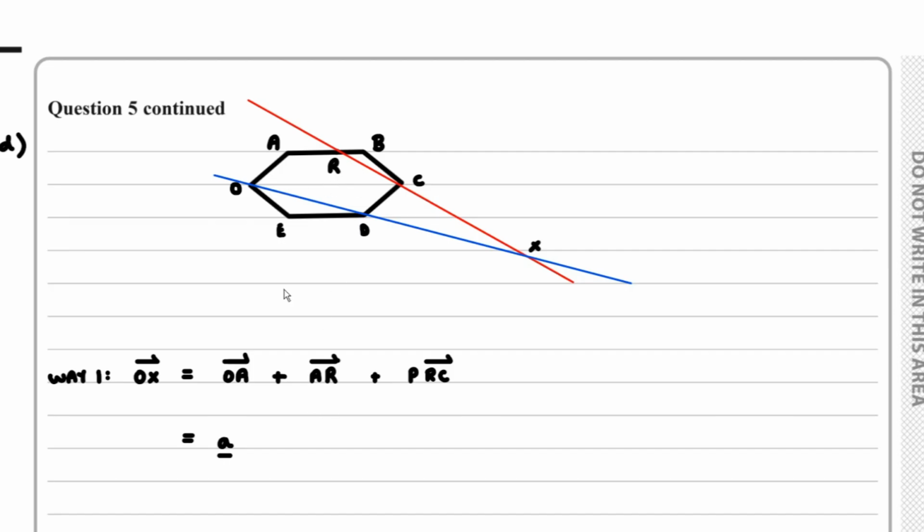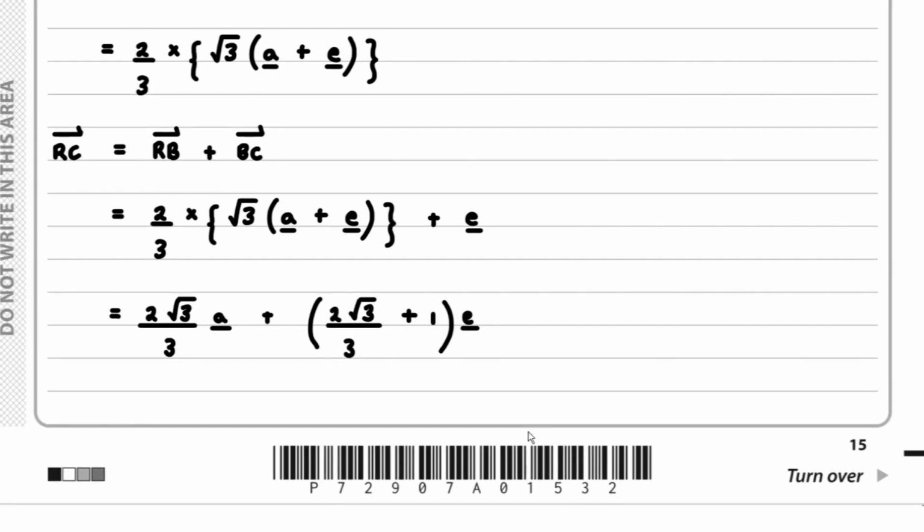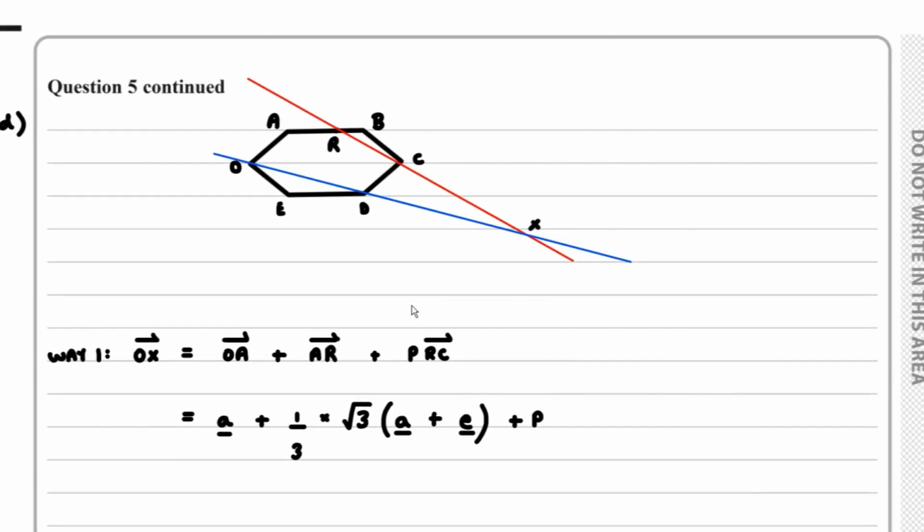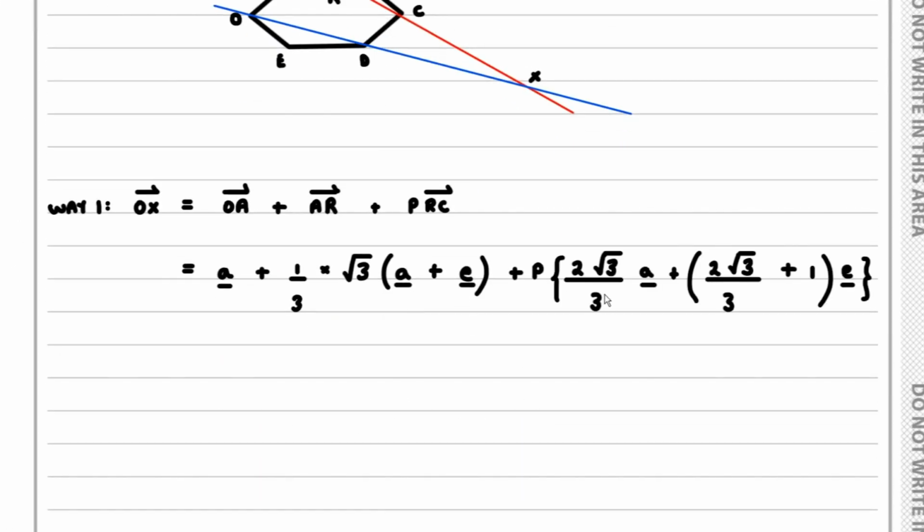So AR is 1/3 of AB, and we know that this vector AB is equal to root 3 times by A plus E. And then we have P times by RC, and here is what RC is. That's 2 root 3 over 3A plus 2 root 3 over 3 plus 1 E. So let's simplify and tidy this up.